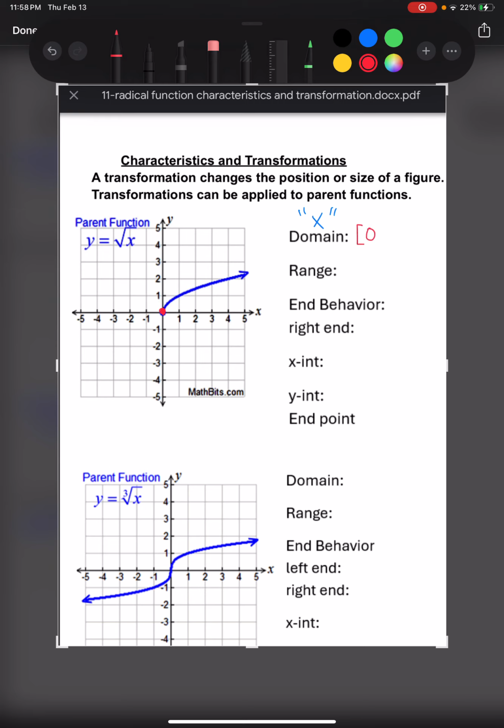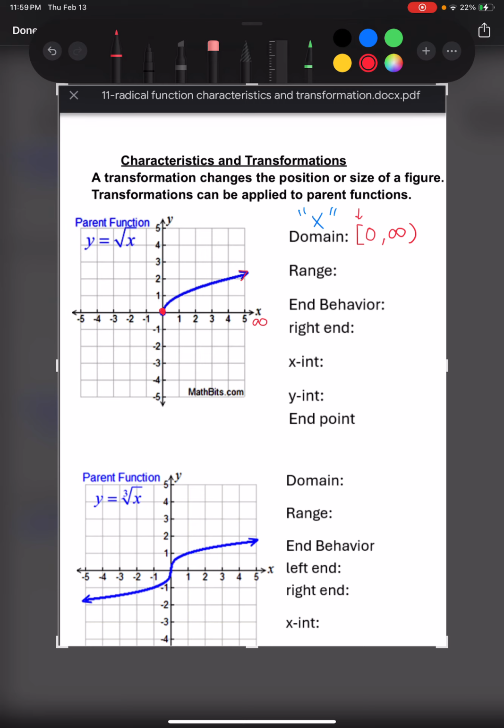And we want to include that point, so I use the bracket. And then the very right point is this arrow. Since we don't know when the arrow will stop, it's going to go continuously until it reaches infinity. So for infinity, you need to close it with a parenthesis.